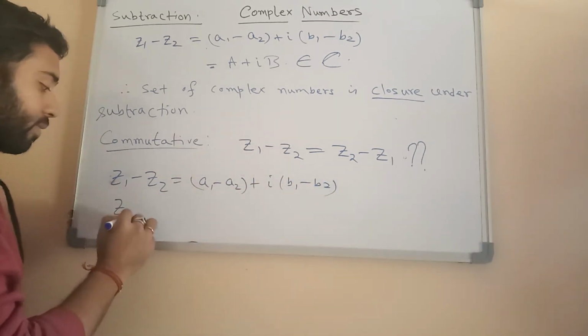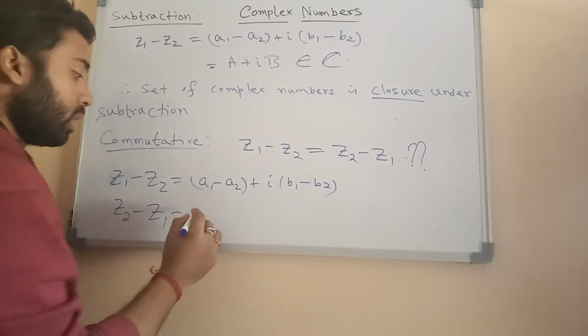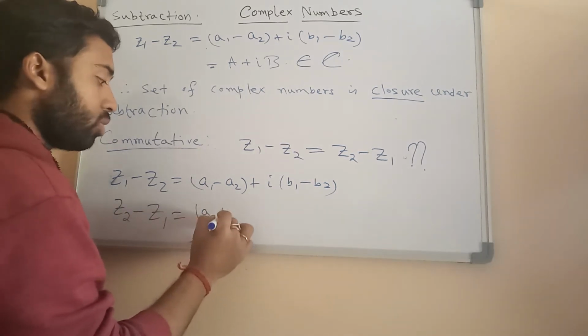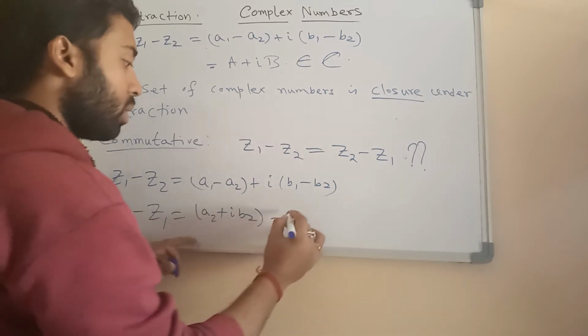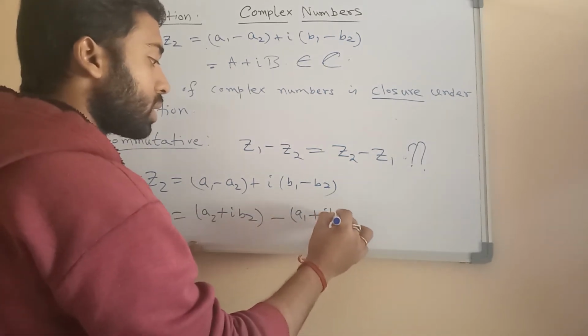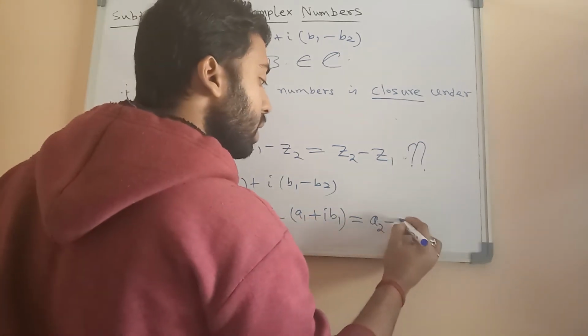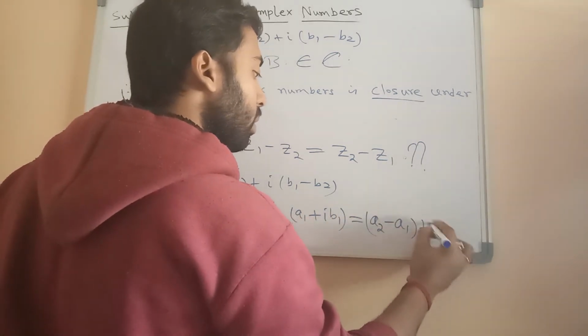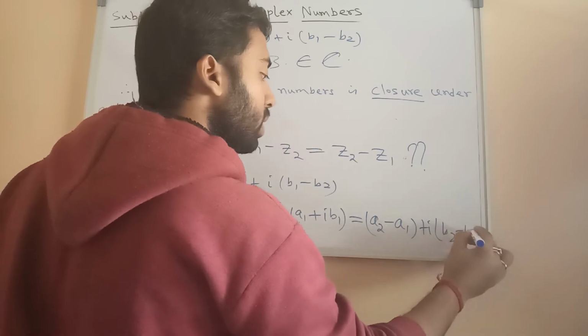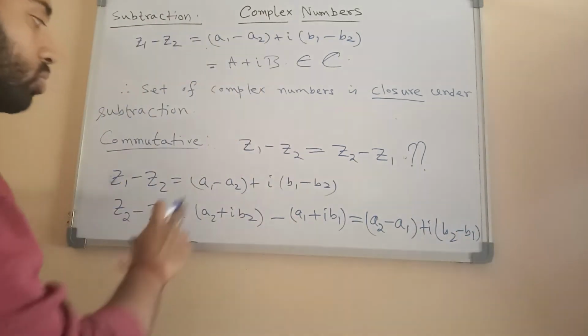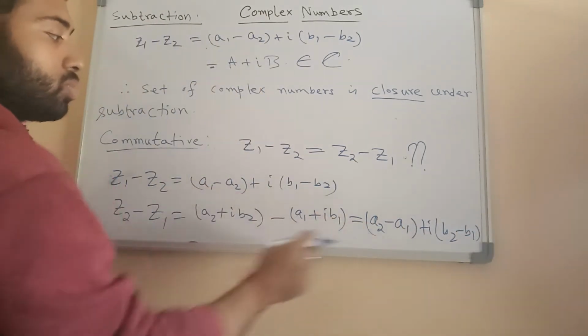Now if I find z2 minus z1, then this will be (a2 plus ib2) minus (a1 plus ib1), which is nothing but a2 minus a1 plus i into b2 minus b1. But z1 minus z2 had real part a1 minus a2, here it is a2 minus a1.